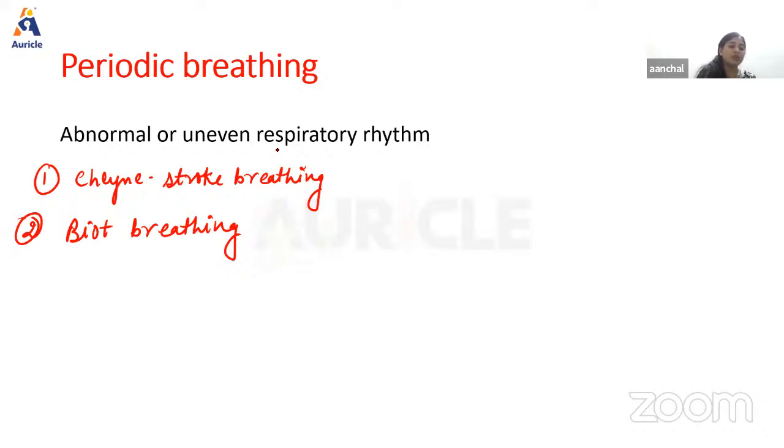This is the periodic breathing that is characterized by a gradual change in the force of breathing. There will be a decrease in the force of breathing, and that condition will result in apnea. Apnea means complete absence of breathing.